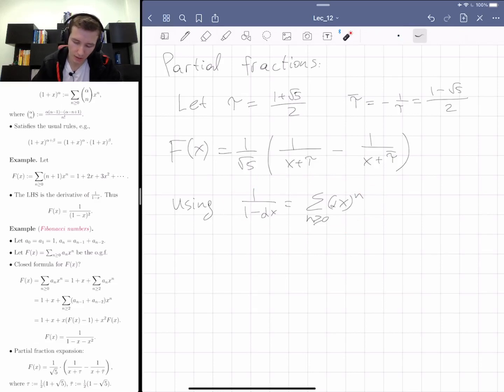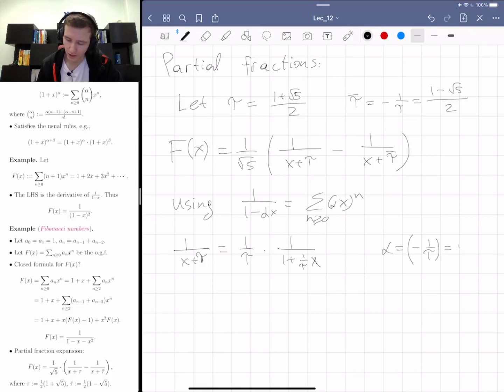So 1 over x plus tau is 1 over tau times 1 over 1 plus 1 over tau x, or something like this. So alpha is equal to negative 1 over tau in this case, which is tau bar.